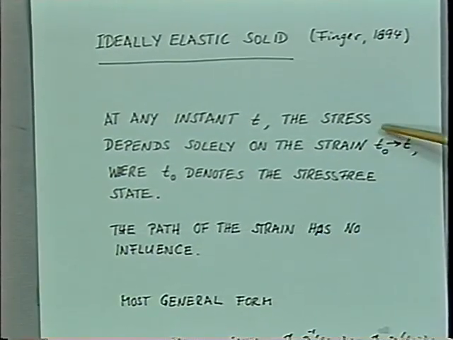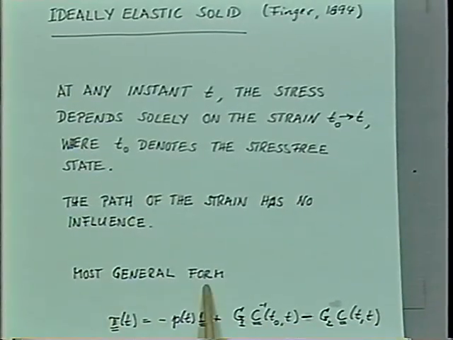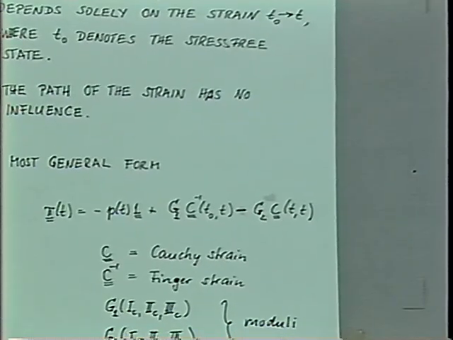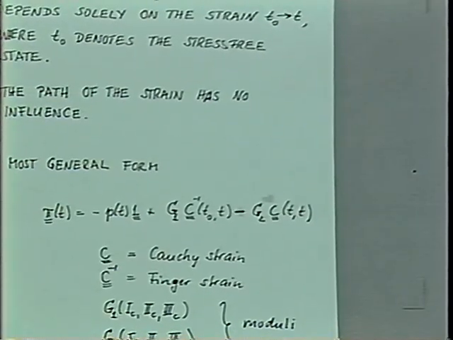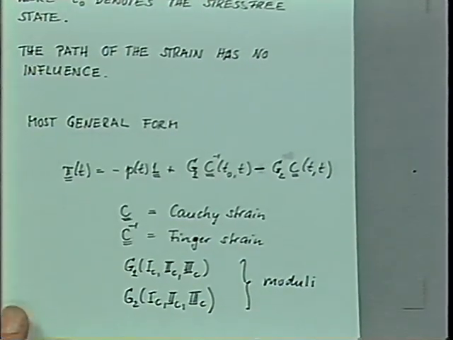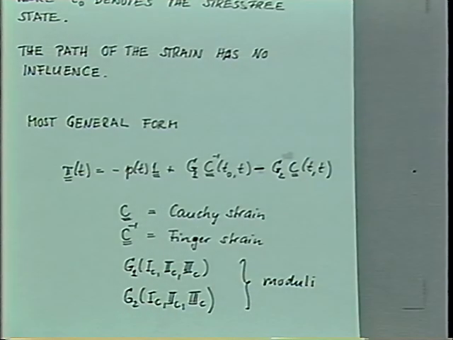So let's take this ideal behavior and write the most general form of a constitutive equation which describes this type of behavior. And this has been proposed by Finger. So this is Finger's solid, we could call it. And that's why also the strain tensor is called Finger tensor, and this is the Cauchy tensor.